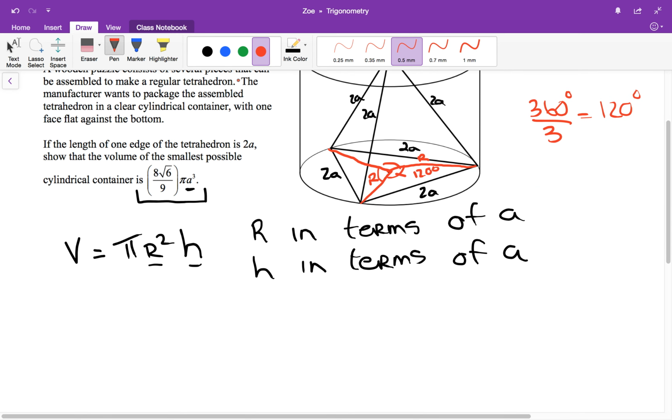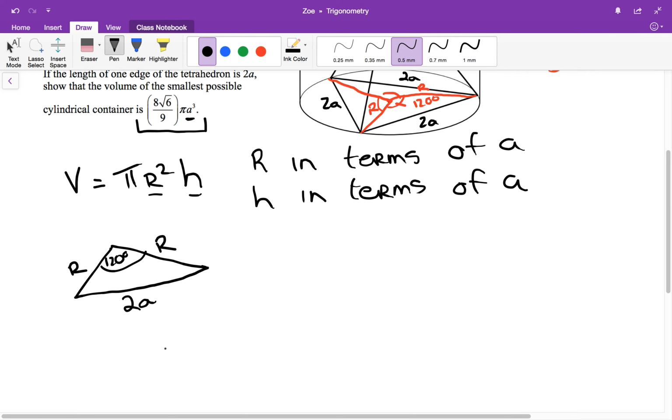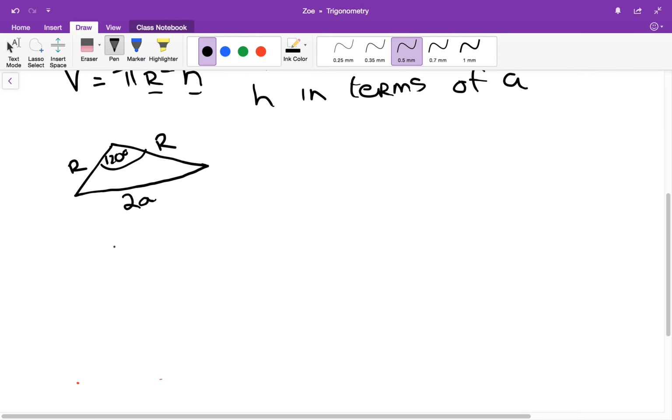Okay, so if I just draw that a little bit nicer, it's a non-right-angle triangle where it's isosceles. This is r, this is r, this is 120, and then this is 2a, and I did a cosine rule on this.